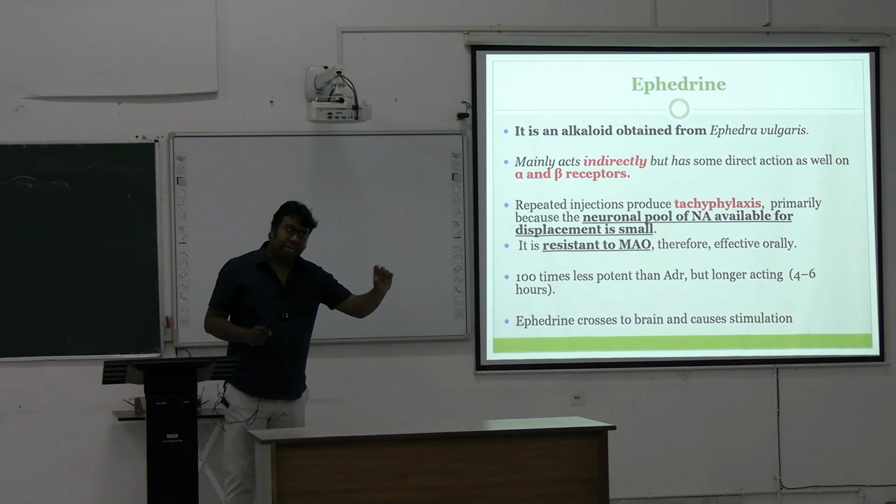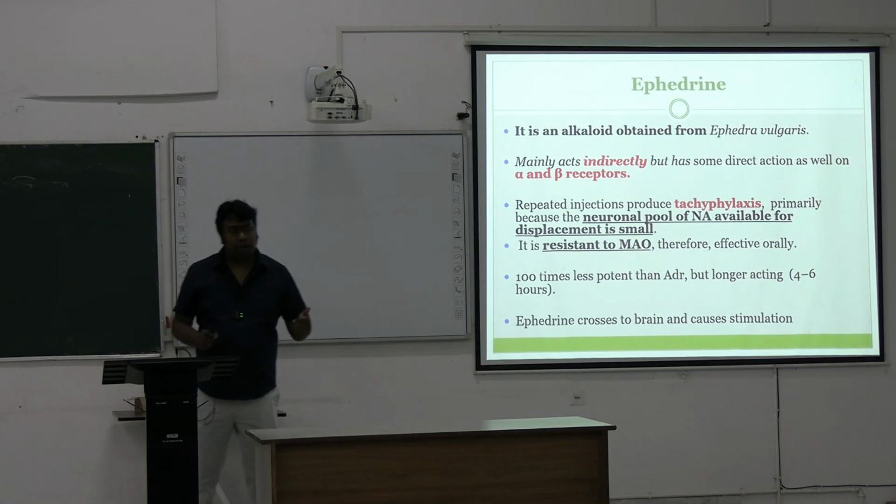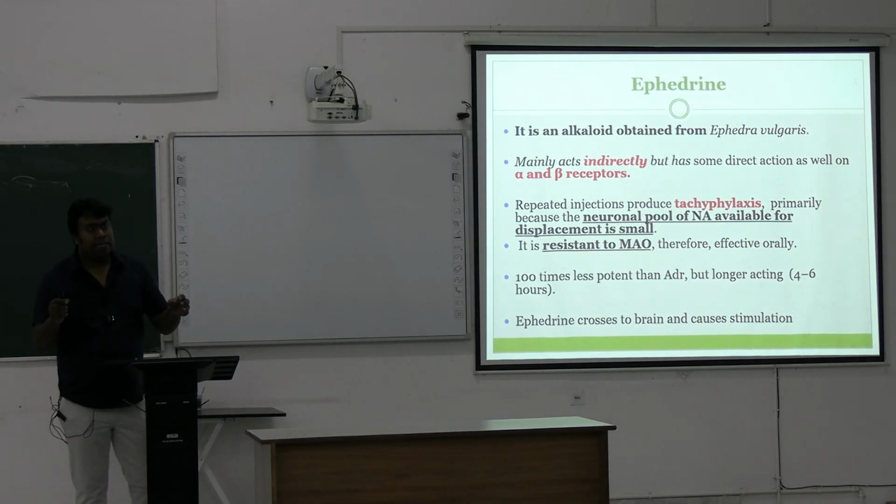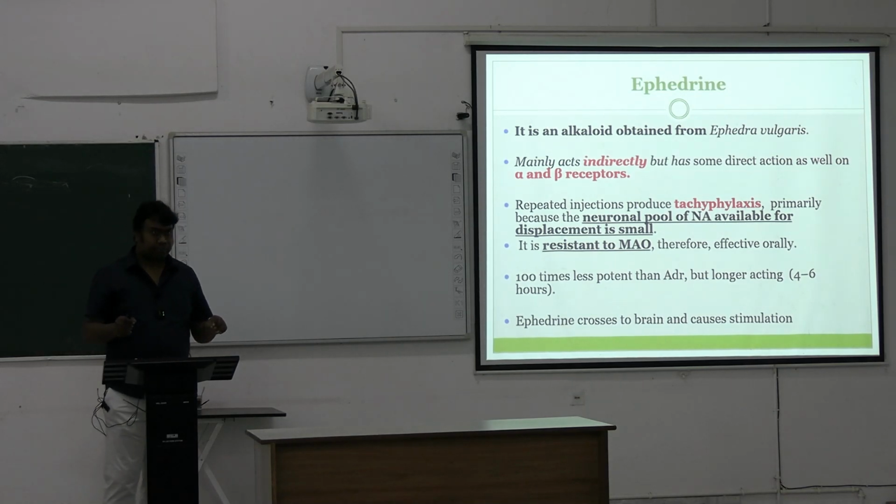Why is adrenaline used in anaphylactic shock? Both stimulate beta 2 and alpha 1. Beta 2 relaxes the tracheobronchial tree, alpha 1 reduces the mucosal edema. Clear?